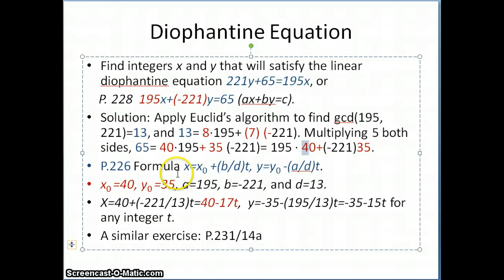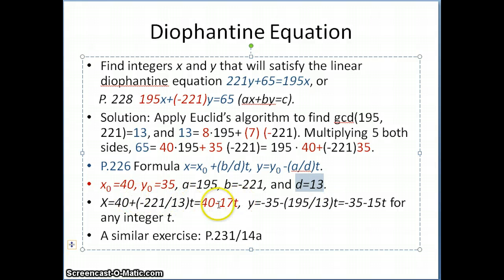Next step, we're going to find all possible solutions by using the formula. So we know x0 is 40, y0 is 35. Actually we have everything. We have a, that's 195, the number in front of x. b is negative 221, the number in front of y. d means the greatest common divisor, that's 13. Plugging everything in, x equals x0, 40, plus b, negative 221, divided by d, which is 13, times t.